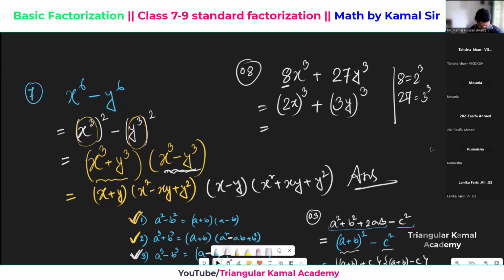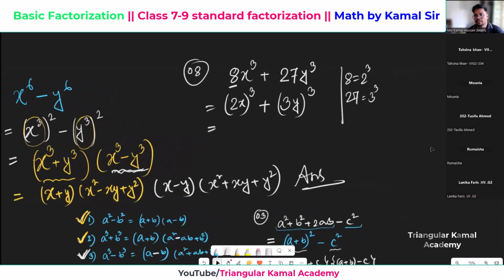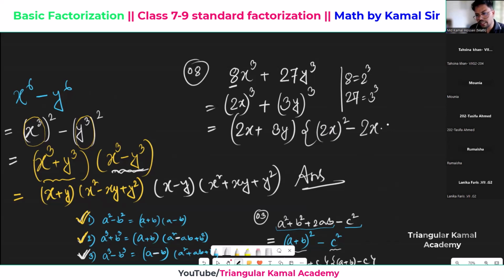So what we can write now? Twice x plus 3y. Then twice x whole square, minus 3y twice x multiply 3y, plus 3y whole square.